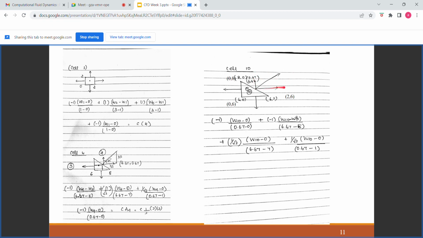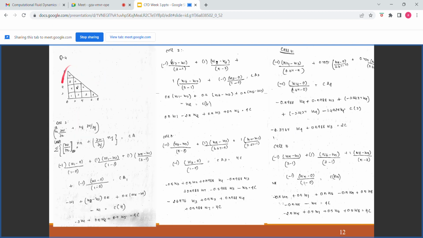So we are resolving the normal into nx and ny, and we get the normal direction values to be 1 by root 2 and 1 by root 2. Similarly, for all the triangular cells, we can formulate an algebraic equation. When we simplify these terms, we get the algebraic equation.